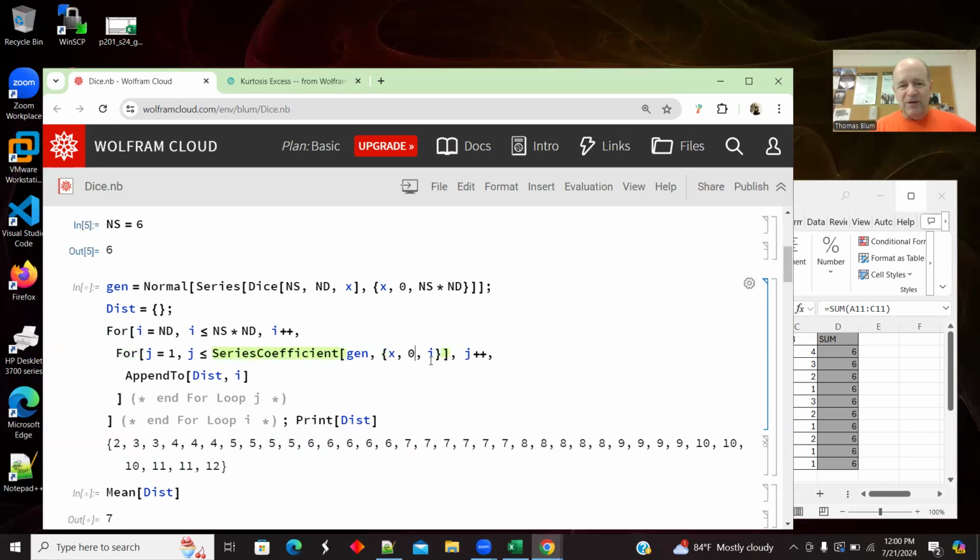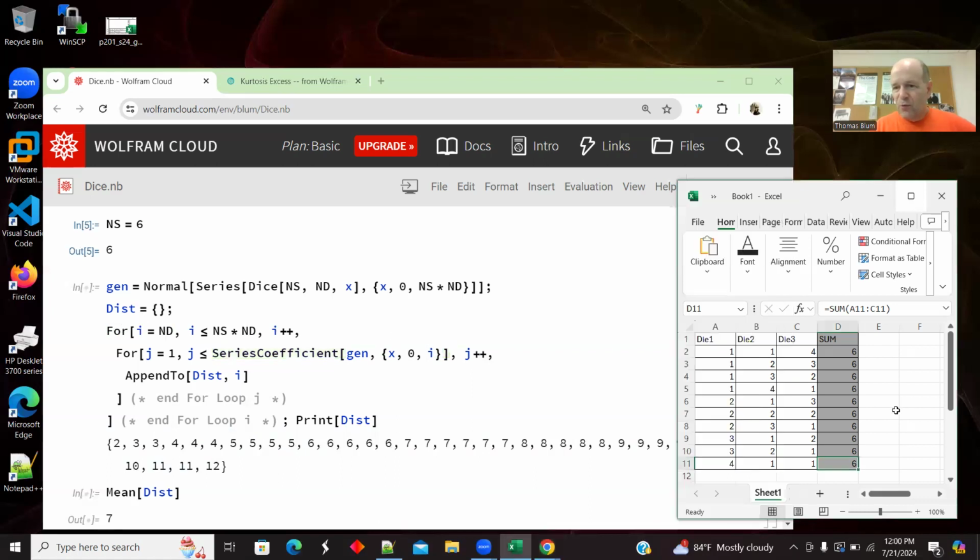It's expanded around 0, and I'm getting the ith one. So as we saw over here, when i is 6, it's going to give me 10. So I'm going to be in this inner loop 10 times, and then I'm adding that 6 to my distribution 10 times.